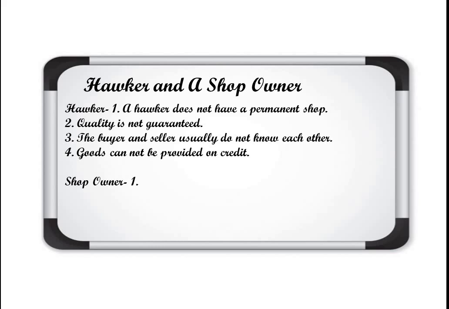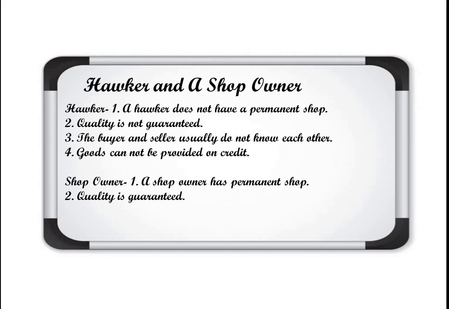Then the shop owner. Number 1, a shop owner has a permanent shop. Clear? Number 2, quality is guaranteed. The shopkeeper just remains there, so the person who has bought anything can approach the shopkeeper if he finds any fault in a particular item.